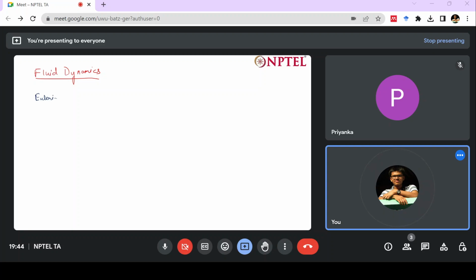So Eulerian approach, what does this help us with? It helps us to map our kinematic variables like velocity to a spatial sense. So we do not attach velocities to every particle. Instead, we are attaching velocity to a particular point in space.